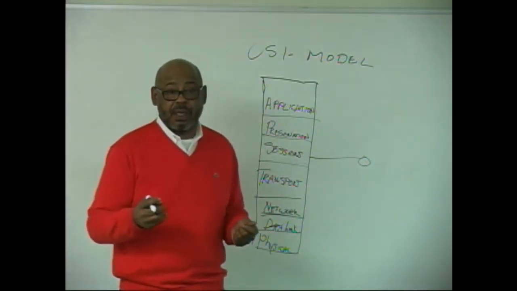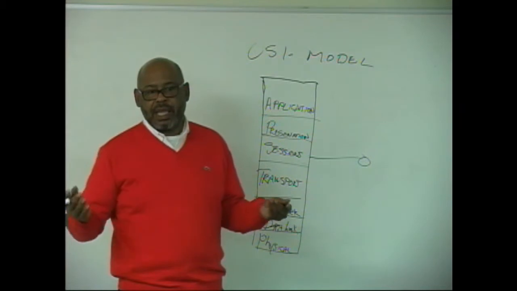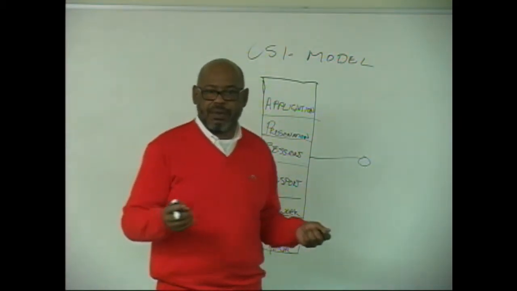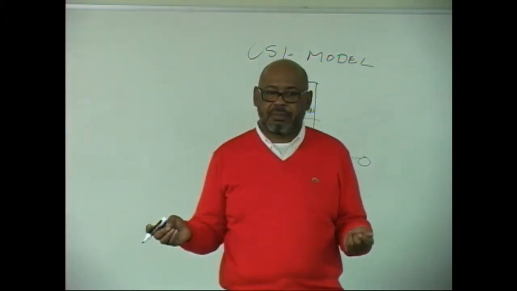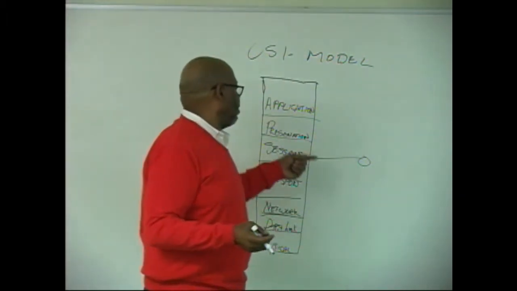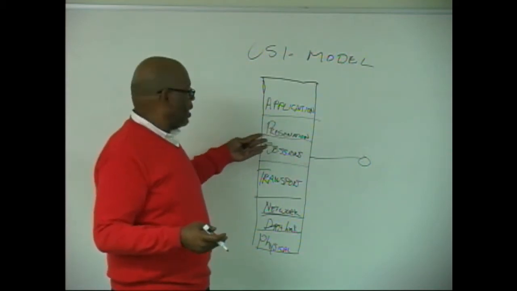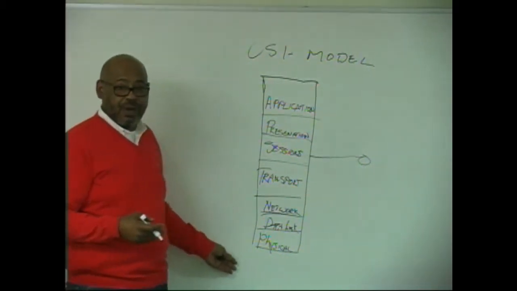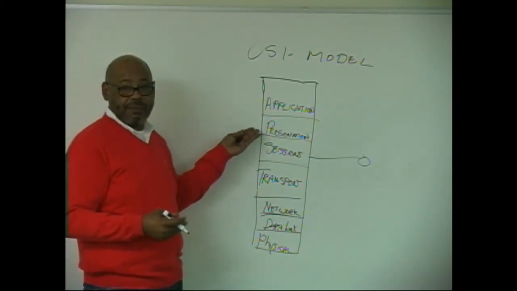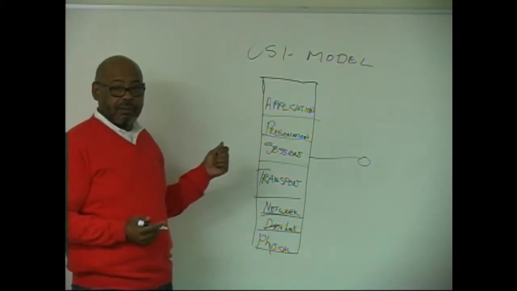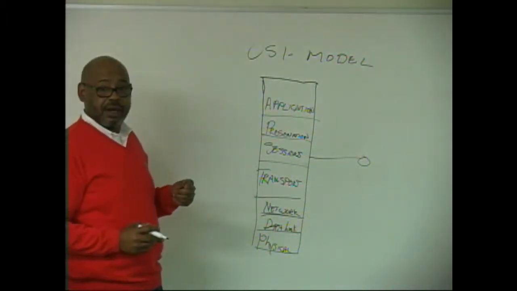Maybe in the script that was written for it, it's been messed up, or maybe a virus got a hold of it, the browser was hijacked or something, you can't use it. So the very first thing, again, this is something real important for troubleshooting: up here at the application level, if I can't get Google or Skype or whatever, then I've got a problem. So again, you went through the 7 layers.